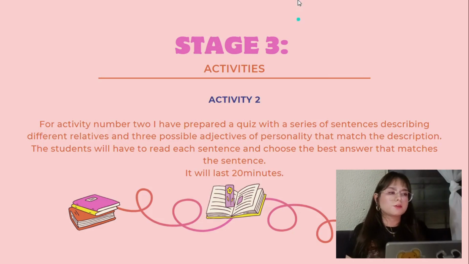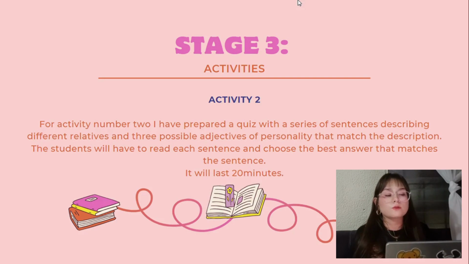So for the activity number 2, I have prepared a little quiz with series of sentences describing different relatives and 3 possible adjectives of personality that match the description. The students will have to read each sentence and choose the best answer that matches the sentence.